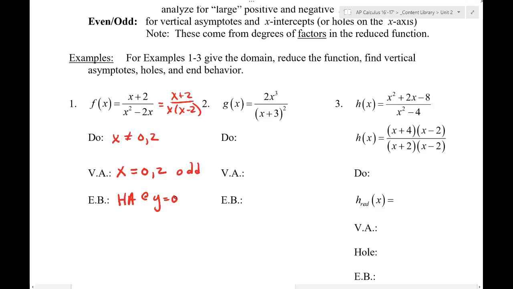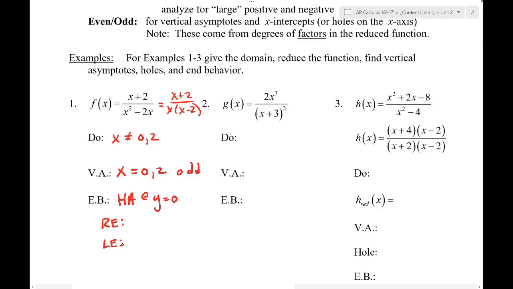Okay, so the end behavior, you have to tell me the right end and the left end. You can abbreviate that. We can say right end and left end. Anytime you have one horizontal asymptote, both ends are going to go to that value. Okay, so where's my right end going? If we have horizontal asymptotes, both ends are going to go to that horizontal asymptote.